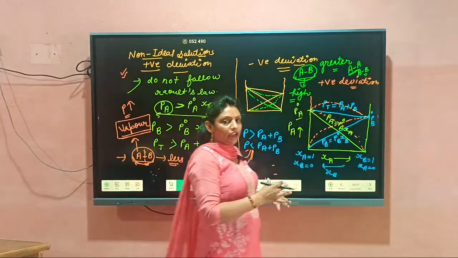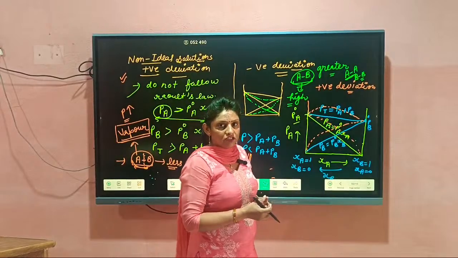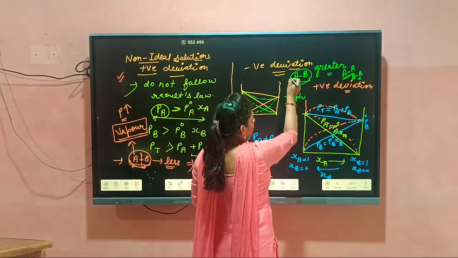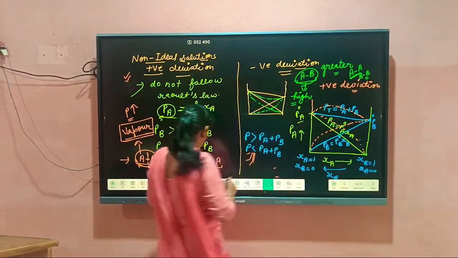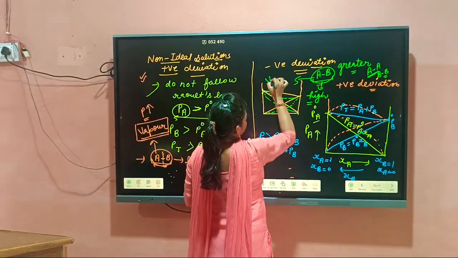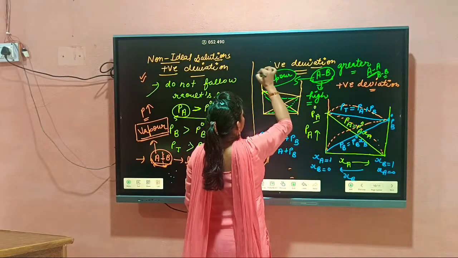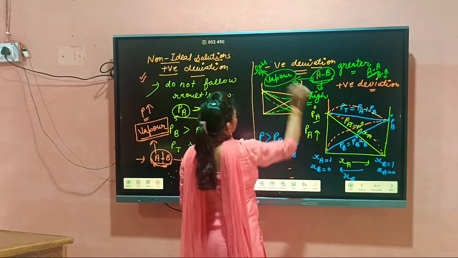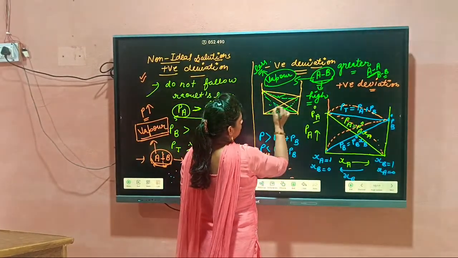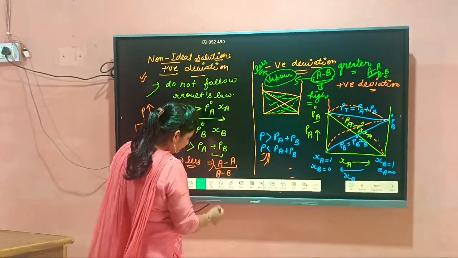Due to high force of attraction, they are closely packed with each other, and we need more amount of energy to break this, so they can generate less amount of vapors. Because they are generating a smaller number of vapors, here vapor pressure will also be less as compared to the expected value.